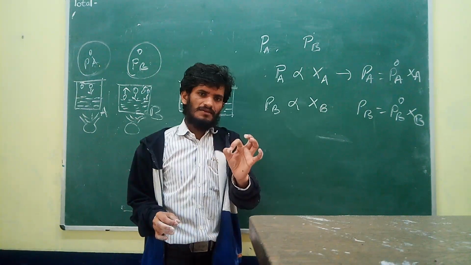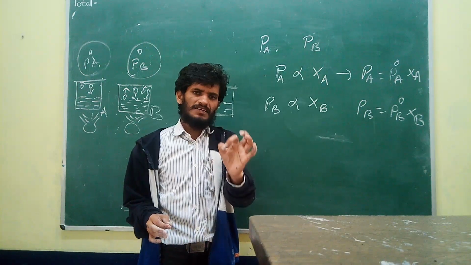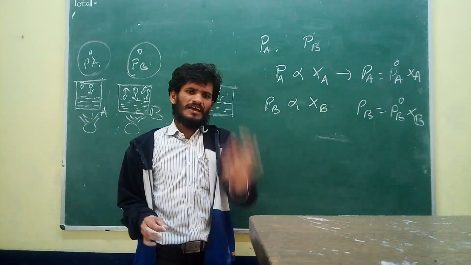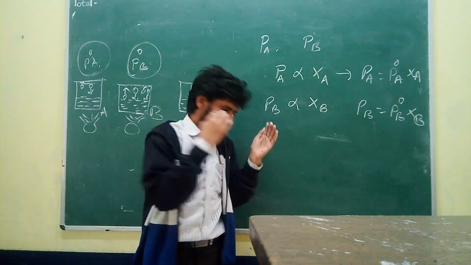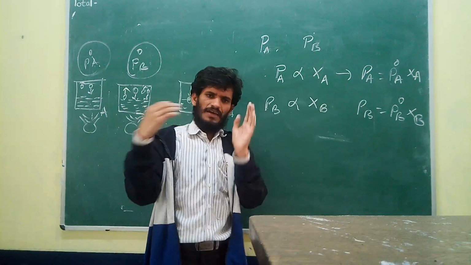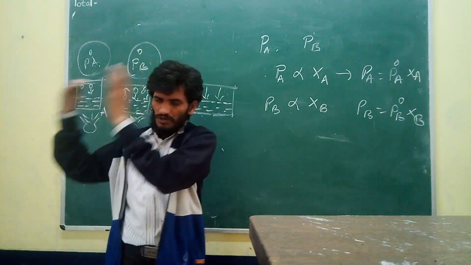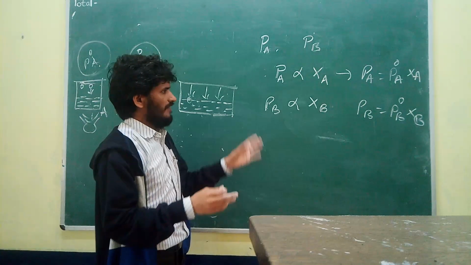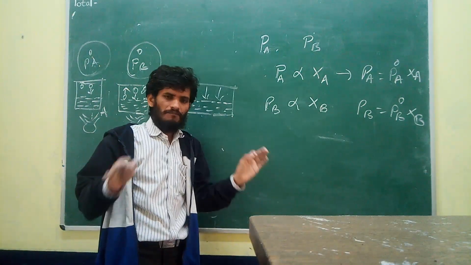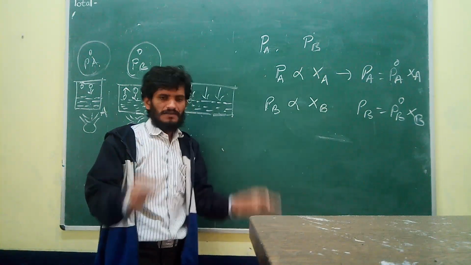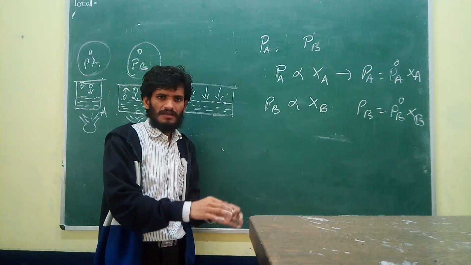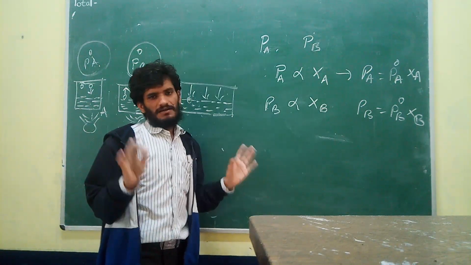For pure water, the vapor pressure is always similar in the universe. You go to Itanagar, Guwahati, the USA, India or anywhere, the vapor pressure remains constant. The vapor pressure of water and of ethyl alcohol are not changing. Understand?